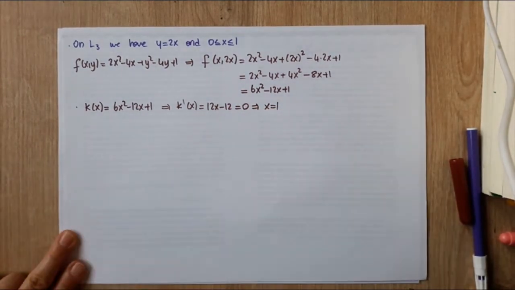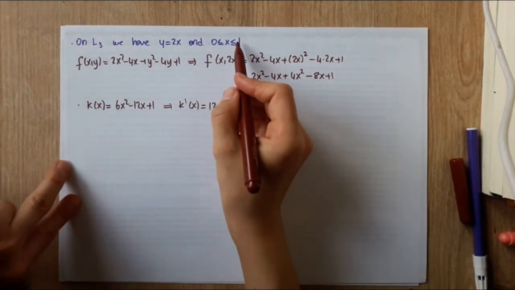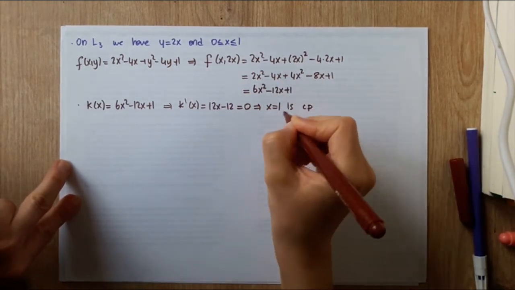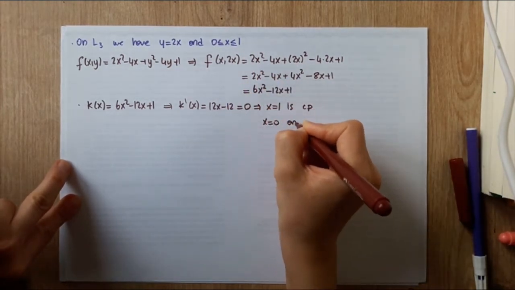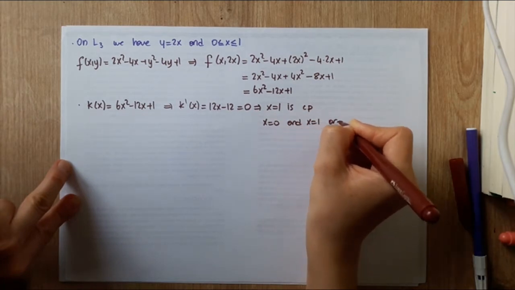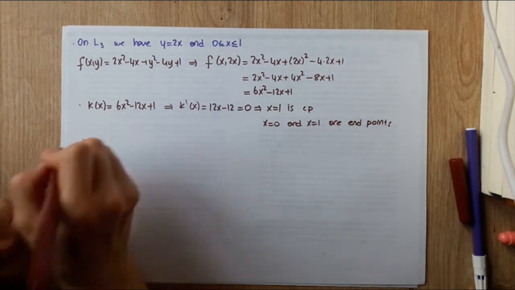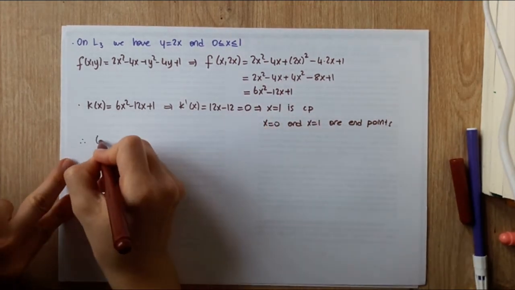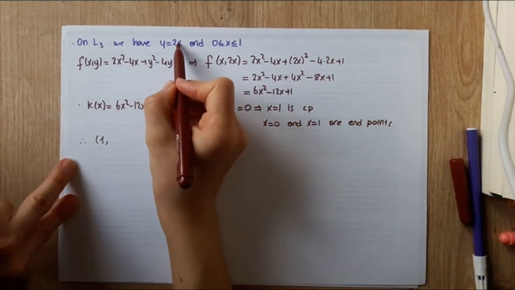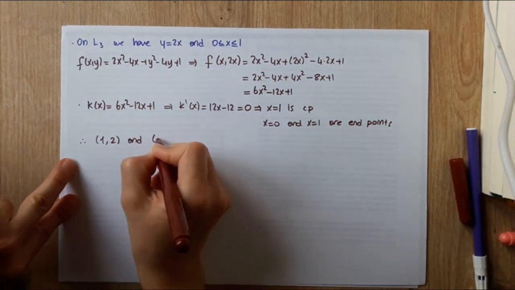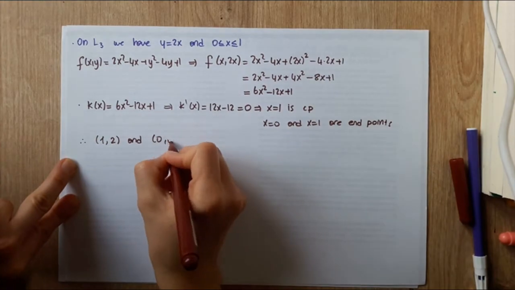Okay, so we have obtained the same point. So this is the critical point. I have x is 0 and x is 1 as endpoints. So which points should we deal with? When x is 1, this time I should substitute it here. When x is 1, y is 2, and when x is 0, y is 0.